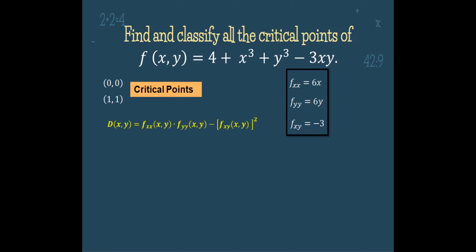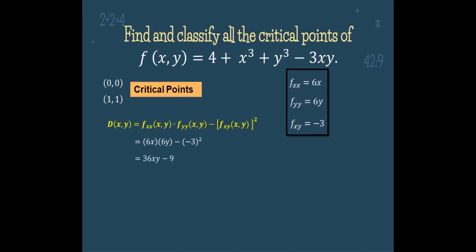Now, D is defined as the second order partial derivative of f with respect to x, times the second order partial derivative of f with respect to y, minus the square of the mixed second order partial derivative xy. So we simply replace: 6x times 6y minus the square of the quantity negative 3.